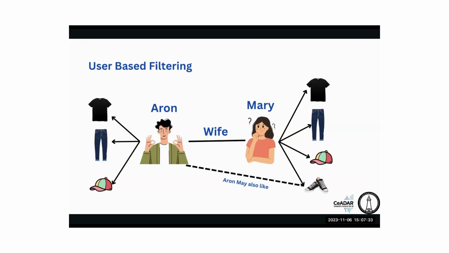Aaron's wife Mary likes the same shirts, t-shirts, jeans, cap, and she also likes sneakers. So, based on the user, Aaron may also like the sneakers. Why? Because he's connected with his wife Mary, and Mary's preferences and Aaron's preferences closely match. That's why we call this user-based collaborative filtering in this example.